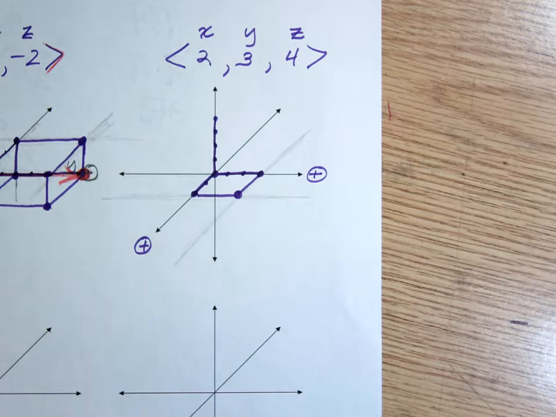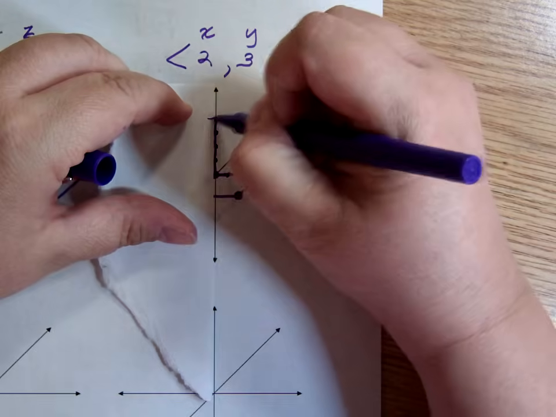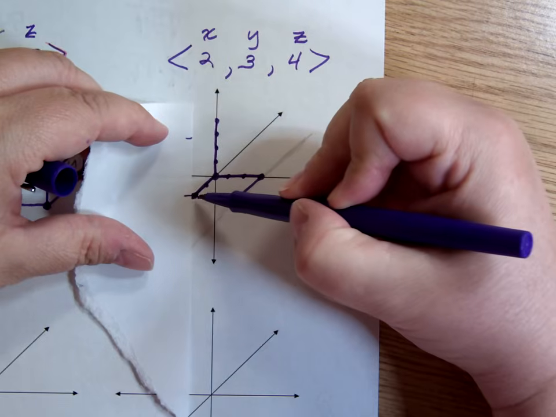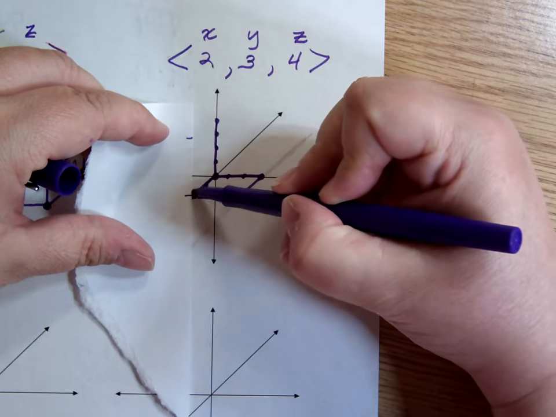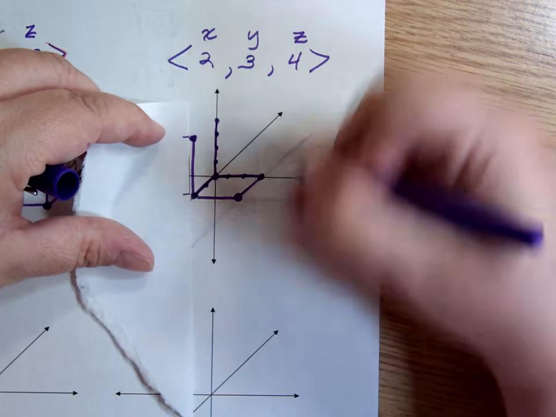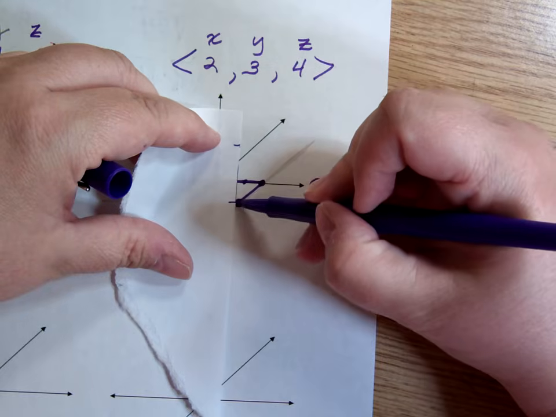I would rather have a straight piece of paper, so let me try that again. This is how far I need to go up from each one of those, staying parallel to the z-axis, the vertical axis.